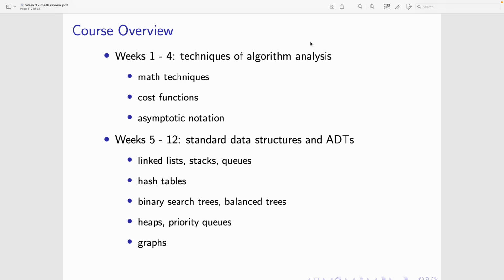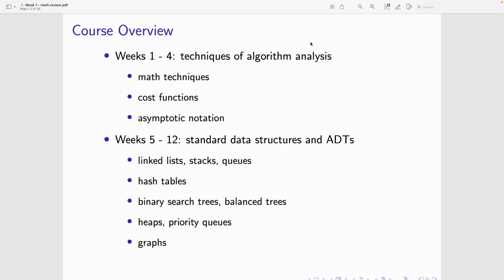So, the first couple of weeks, you're probably going to wonder if you're in the right course. We're going to be dealing with cost functions. It'll basically be expressing how long an algorithm takes to run in terms of a function.